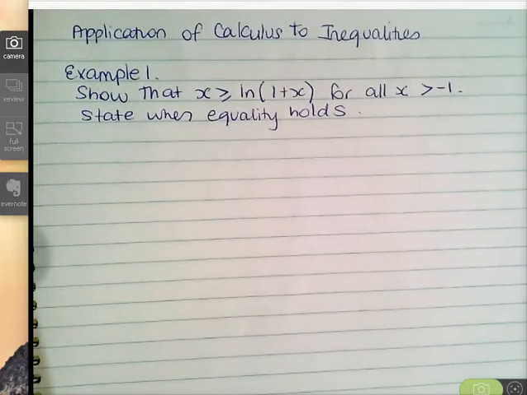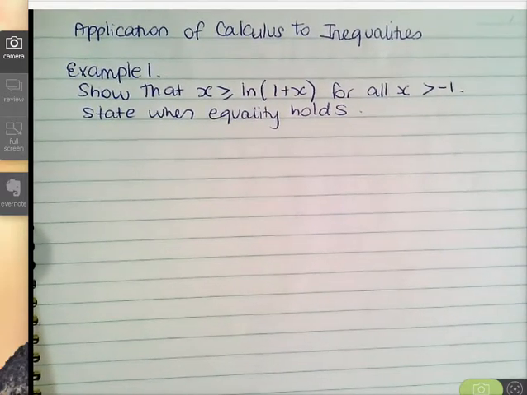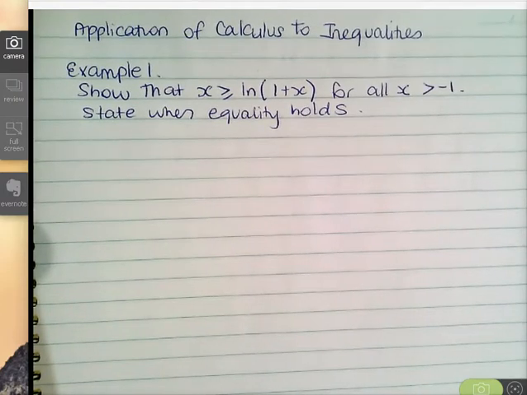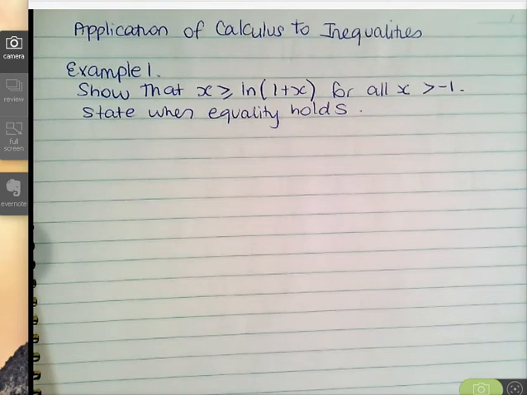Okay, now this is our fifth video, application of calculus to inequalities. Now, if the inequality that you are trying to prove involves logarithmic functions or trigonometric functions or exponential terms, then a calculus-based approach is often needed.